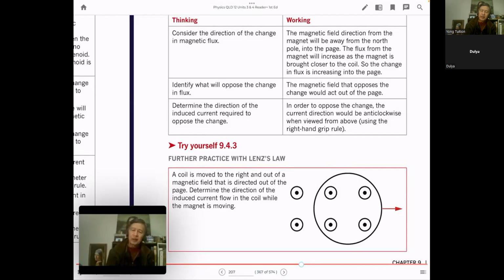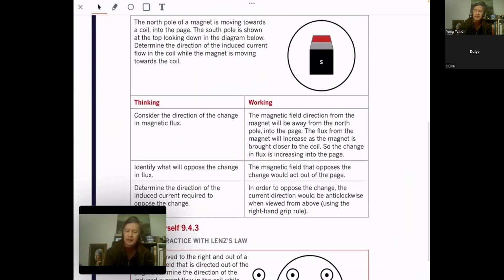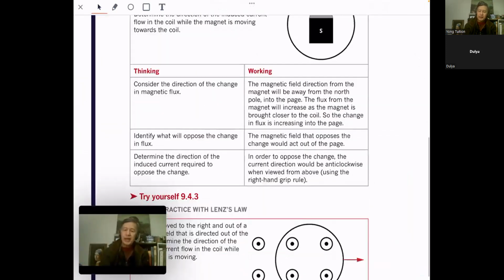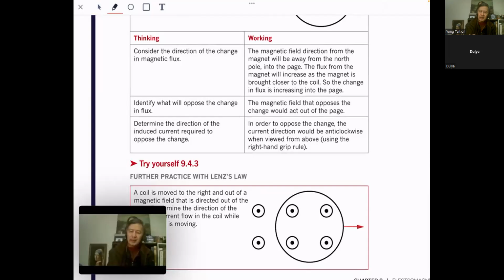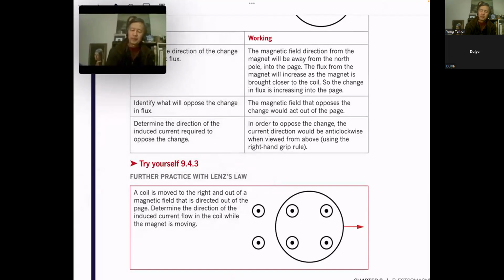So that is the original direction of the magnetic field. And remember, this time, apart from these six circles, there's no magnetic field outside them. So what would happen if you move this coil?